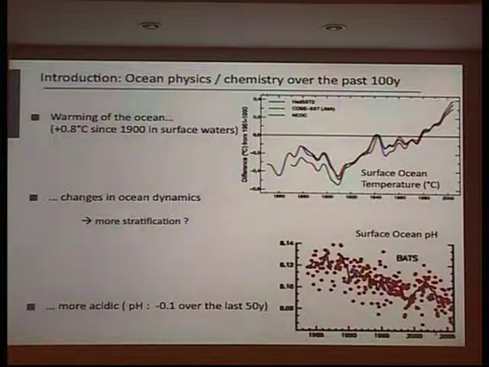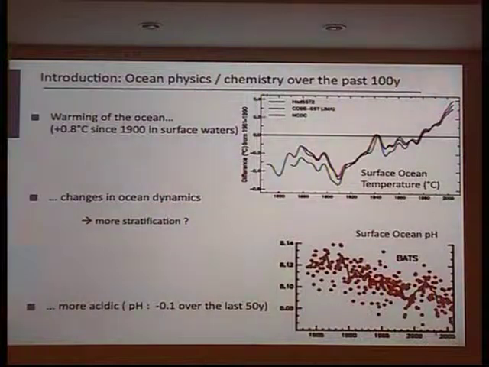The other big change in the ocean that is also due to increasing CO2, but that is not climate change per se, is ocean acidification. And you have here a record of surface ocean pH at one specific location, the BATS station, which is localized in the Sargasso Sea.